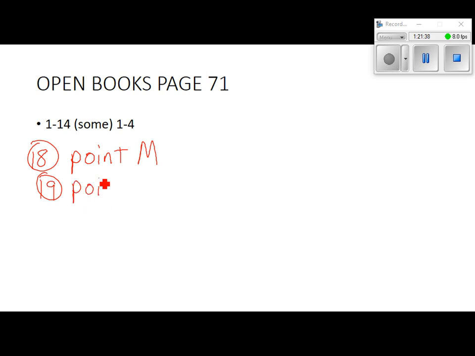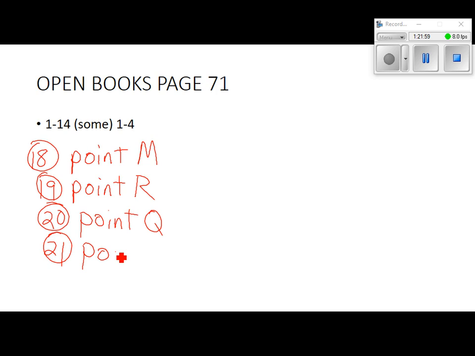Point R. Number 20, vertex of angle 4. Again, the vertex is just some point. This time it's point Q. Number 21, angle 7. The vertex is just point P.